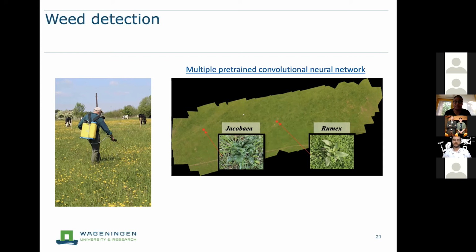Currently, it's very difficult to deal with this problem, mostly because grasslands are in protected areas. So you cannot really apply chemicals or go there with mechanization. The current solution is a person that scouts all the grassland and applies a chemical plant by plant.